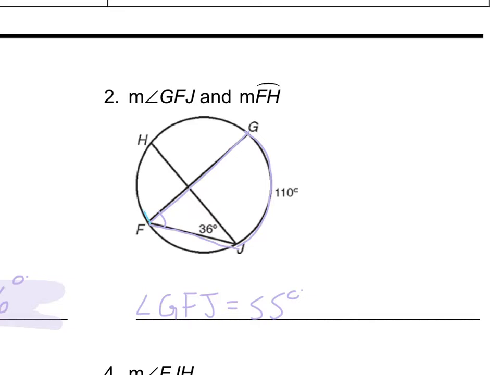Next, we have to find what arc FH is. This arc subtends this angle, and our arc is twice the angle, so 36 times 2 is 72. So arc FH is 72 degrees.